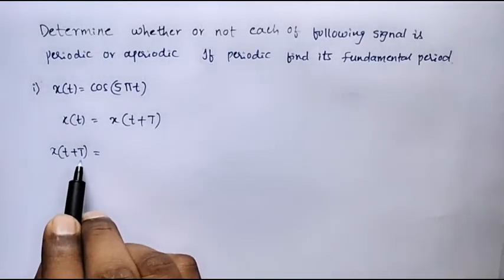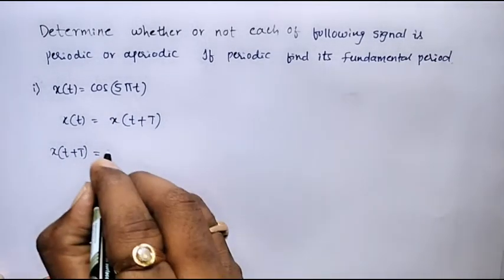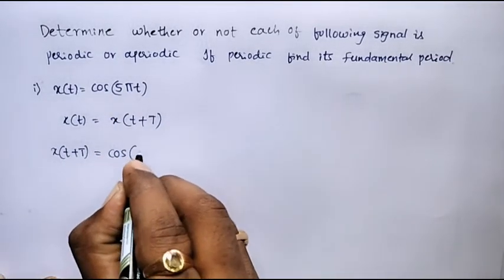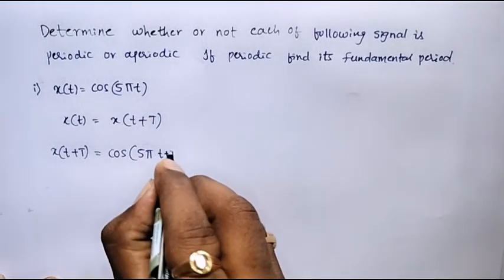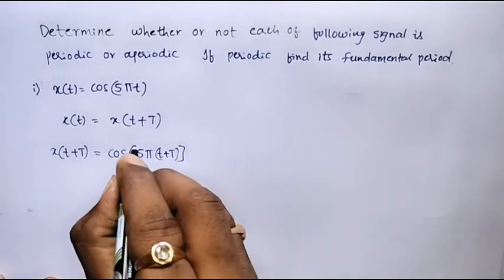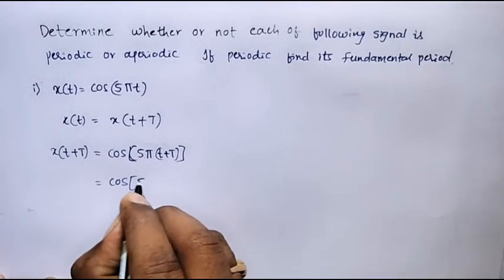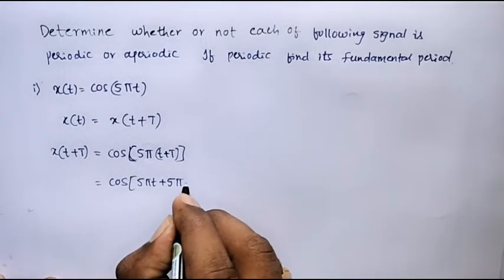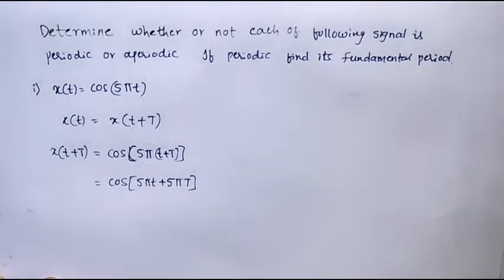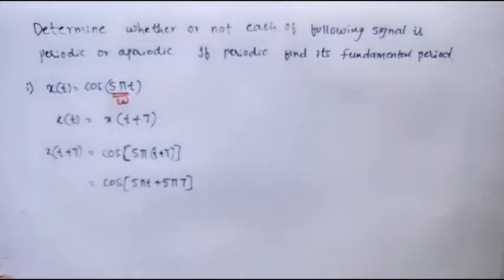x of t plus T is obtained by replacing t with t plus T, therefore x of t plus T is equal to cos phi u pi t plus phi u pi into T. In this signal, we know that this is the omega.